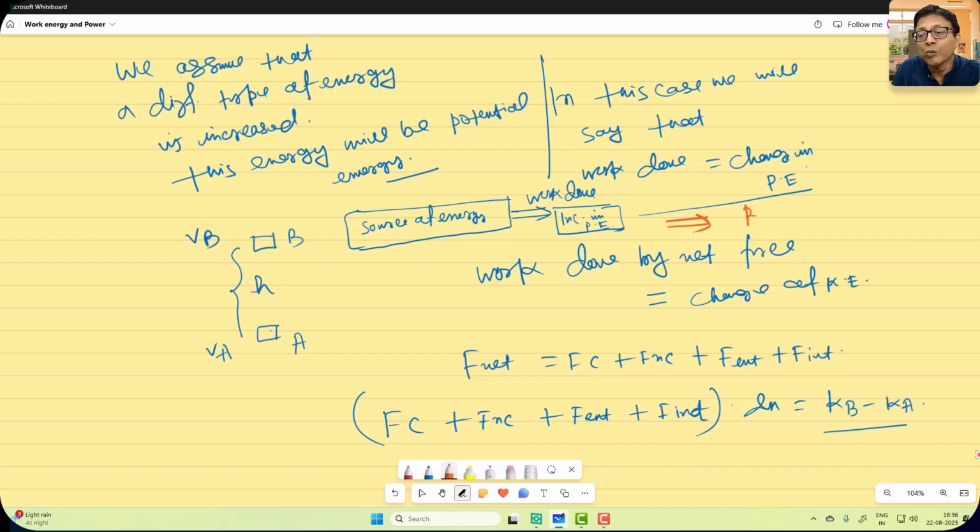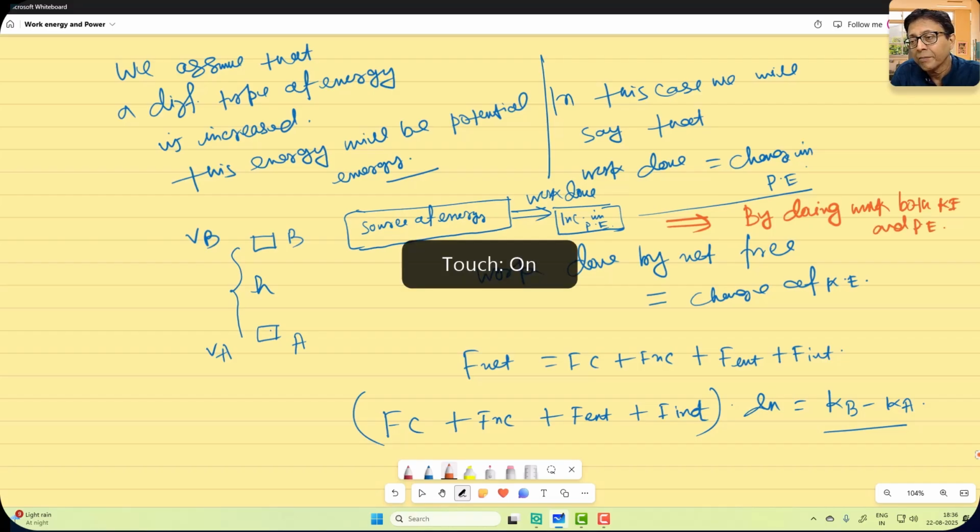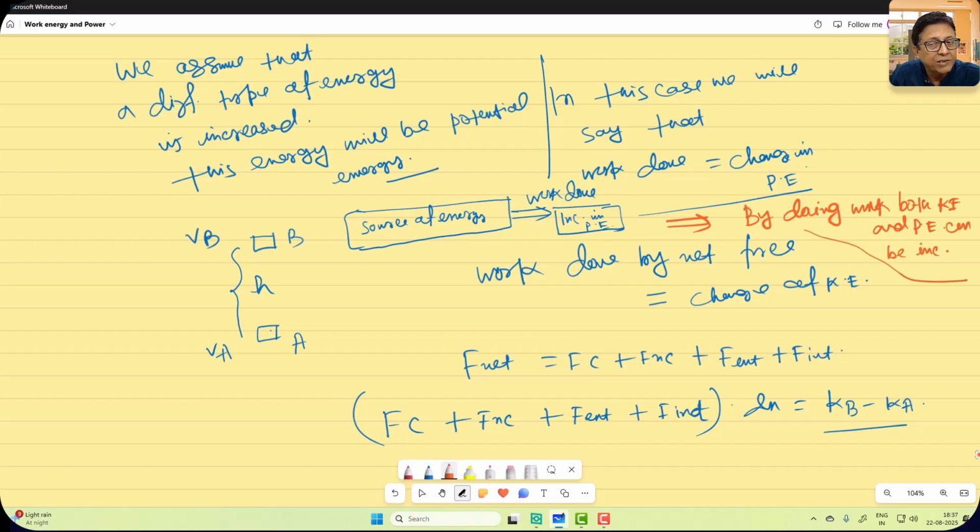So by doing work, both K and P can be increased.